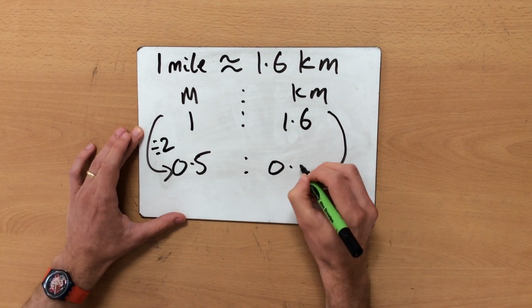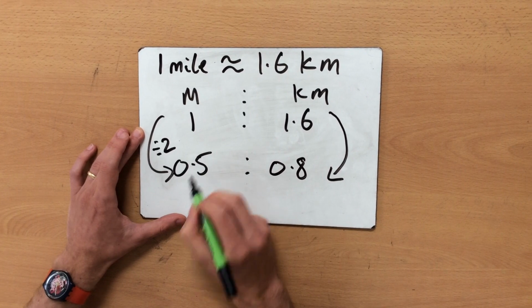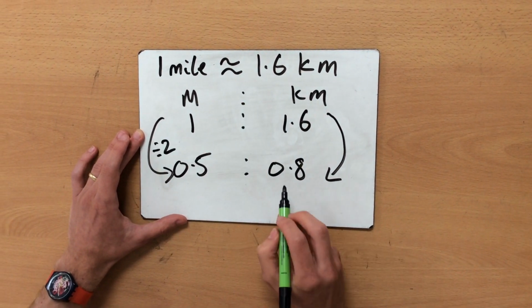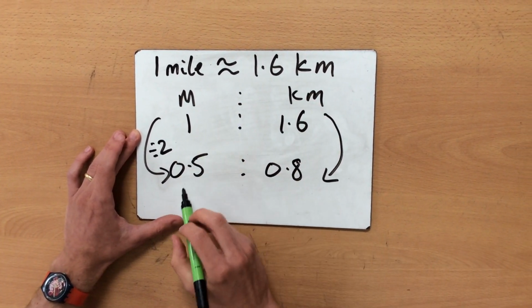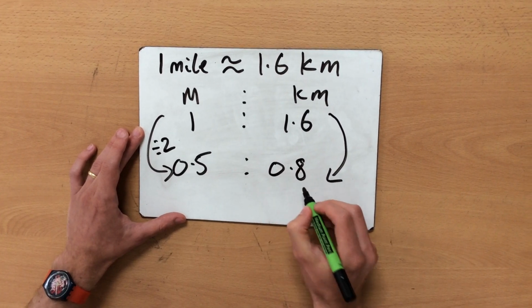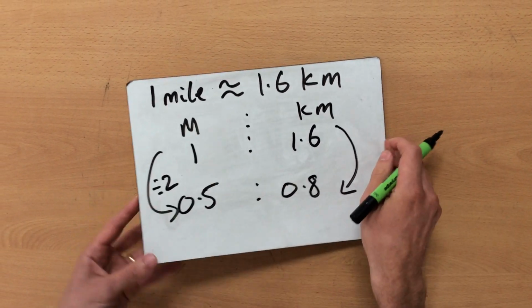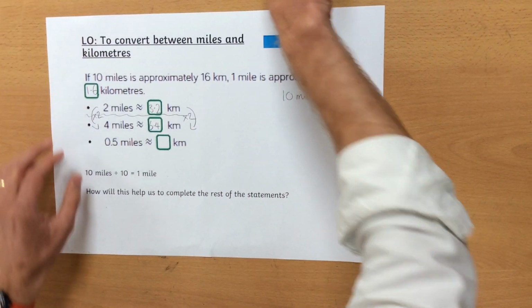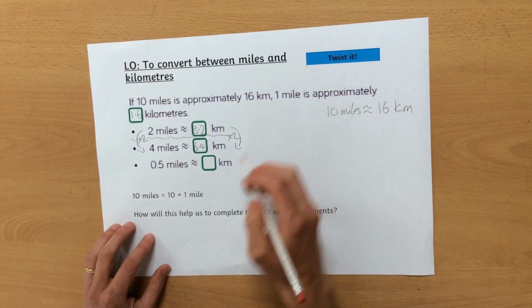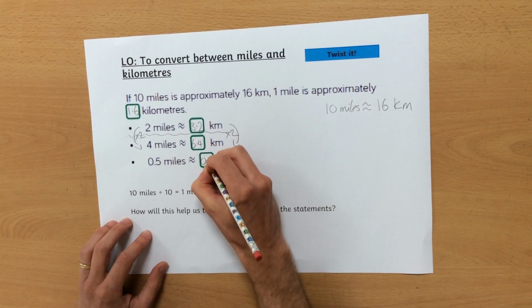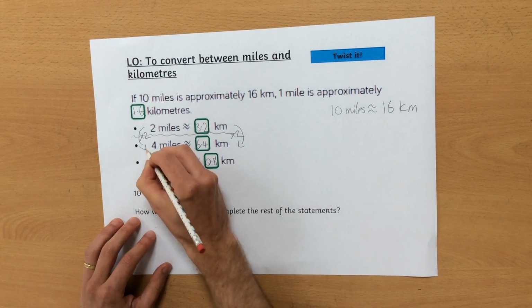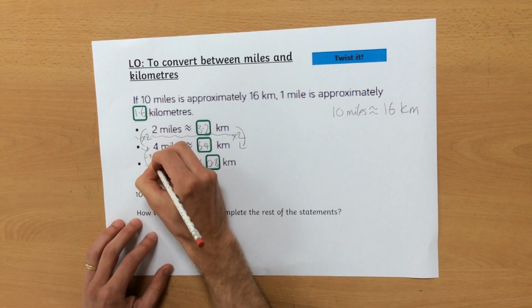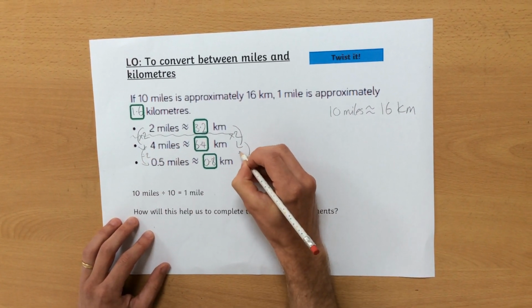It'll be 0.8. So half a mile is approximately 0.8 kilometres. Right, I'm going to pop that into my statement box. 0.5 miles is approximately 0.8 kilometres, because all I've done is divide everything.